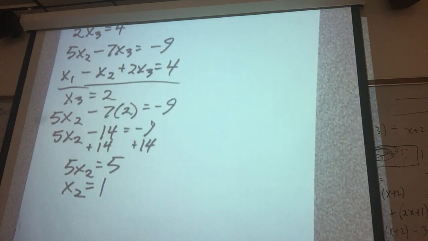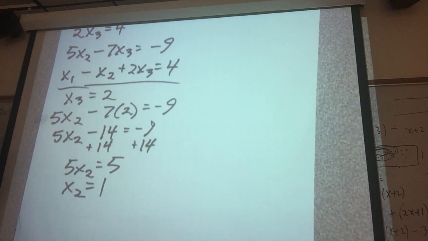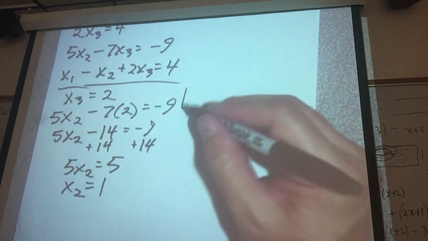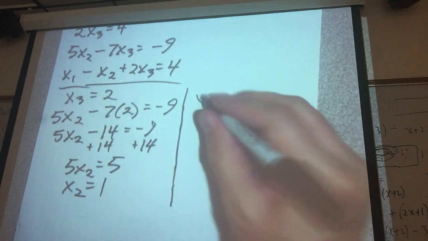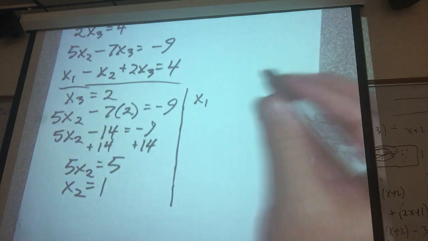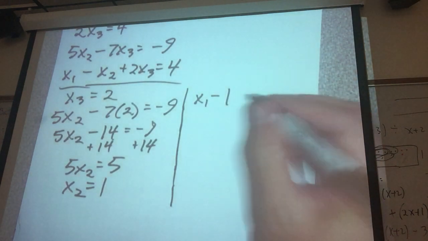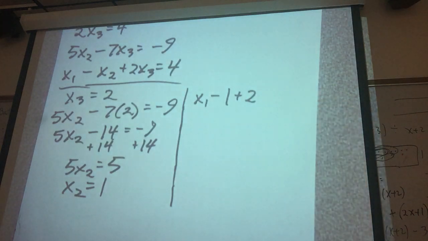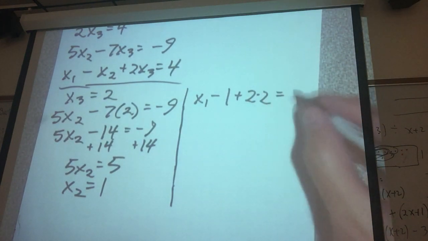So far we've solved for x3 and x2, and now we're going to use this equation right here to solve for x1. So what's this last statement? That is that x1 minus 1 plus 2 times 2 equals 4.